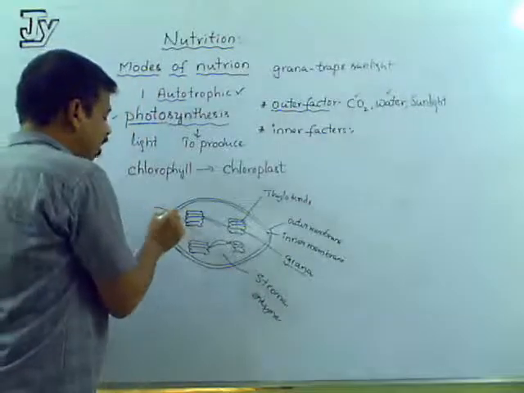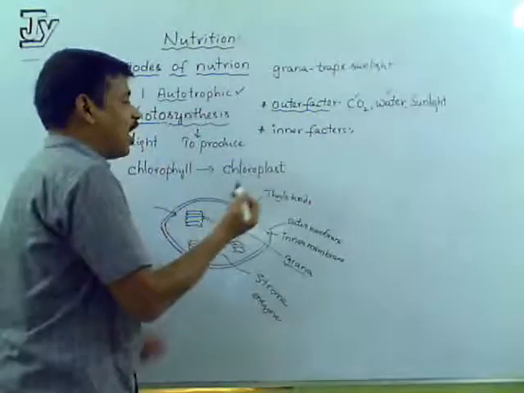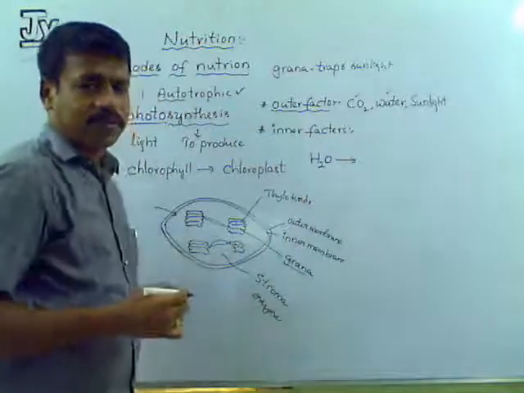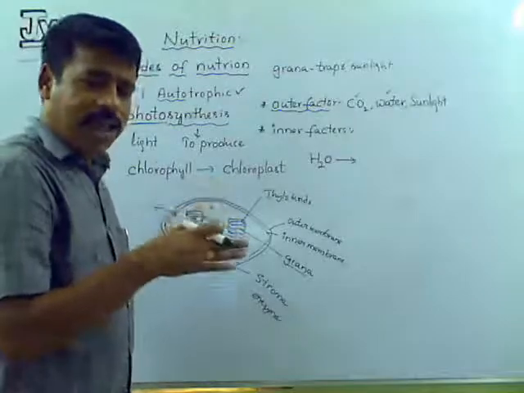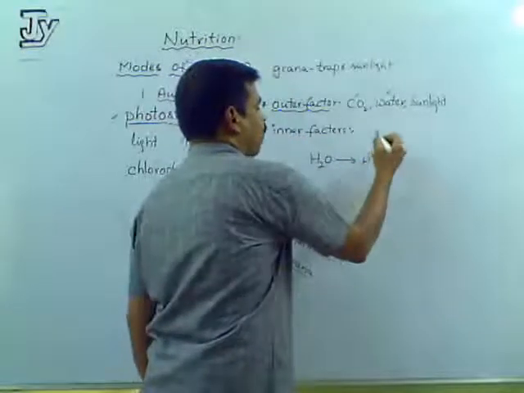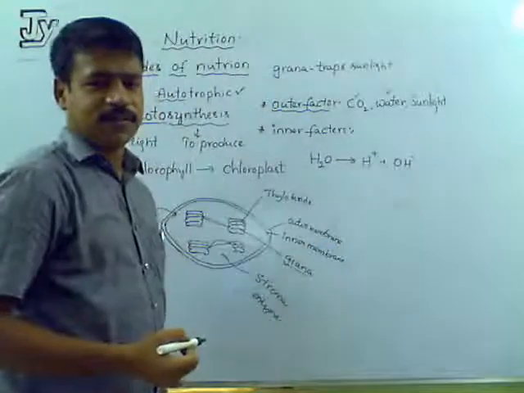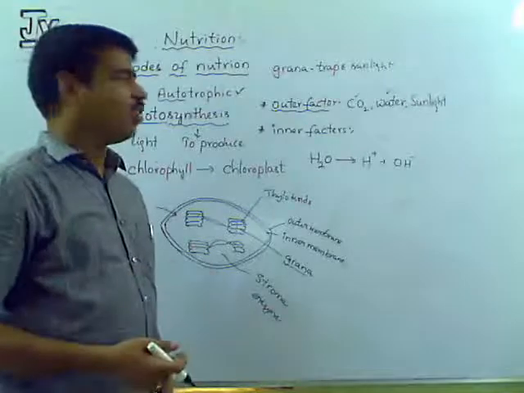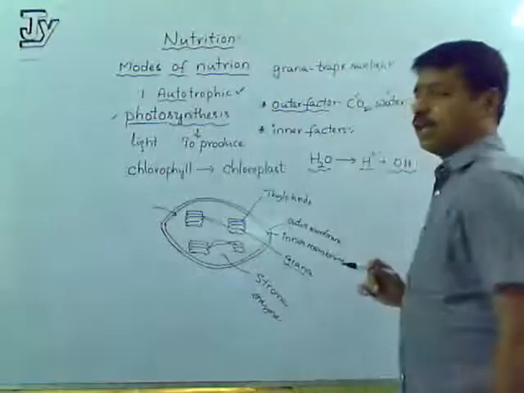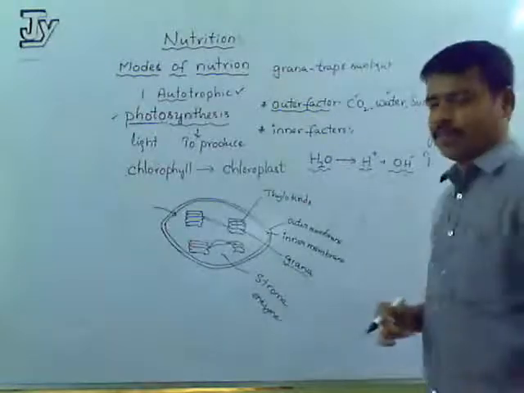At the same time, the water enters into the chloroplast, and the water enters towards the grana, where the water molecules are broken down by the help of sunlight, so that the water breaks into hydrogen ions and hydroxyl ions. Hence, the oxygen is liberated.